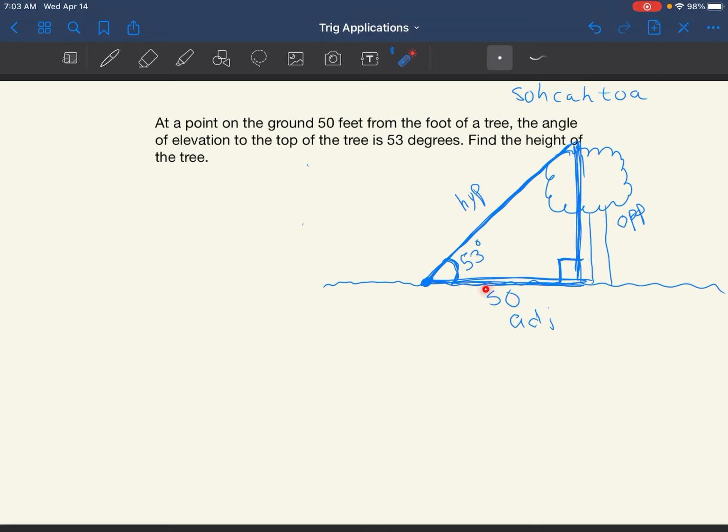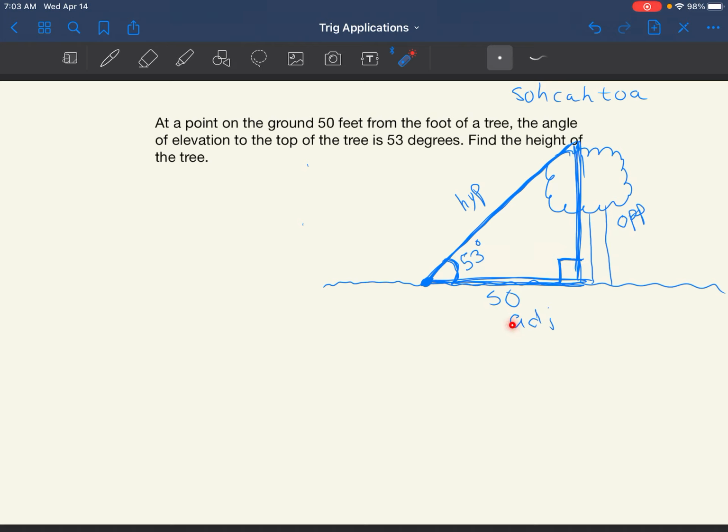They give me the measurement of this side, so I have to use this, adjacent. I am looking for the height of the tree. Well, the height of the tree is this side right here, and this is opposite.